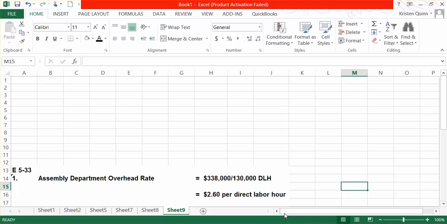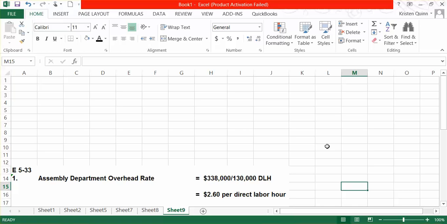Departmental overhead rates are calculated the same way as plant-wide overhead rates. You take the estimated overhead and divide it by the total estimated cost driver. The assembly department told us that they plan to have $338,000 in estimated overhead for the coming year.